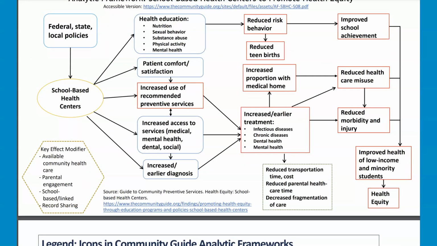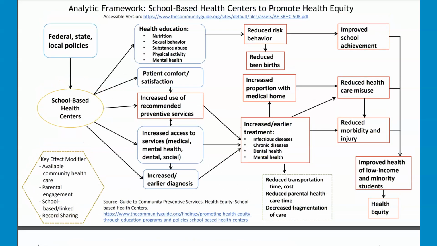So the school-based health centers are causing improved health education, improved patient comfort and satisfaction, increased use of recommended preventive services, if the school-based health centers are actually being used, increased access to services, and sometimes this may be wishful thinking, but it's a possibility, increased earlier diagnosis.